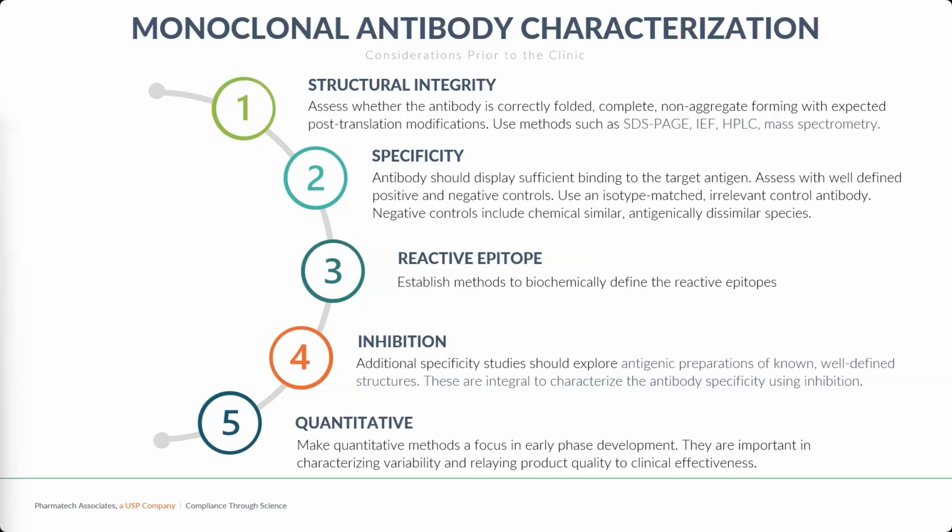Does that antibody actually aggregate, or does it stay well behaved in solution? These are key elements to identifying not only how your product behaves relative to the reference, but how your product behaves when you start to do things like produce it and formulate it.